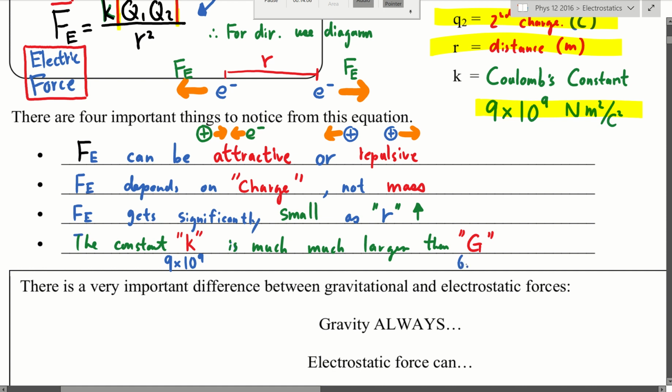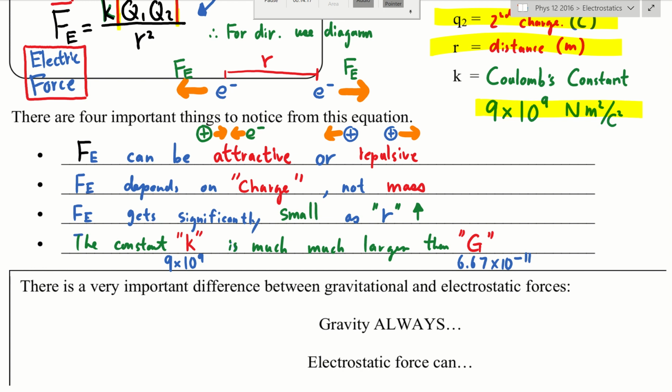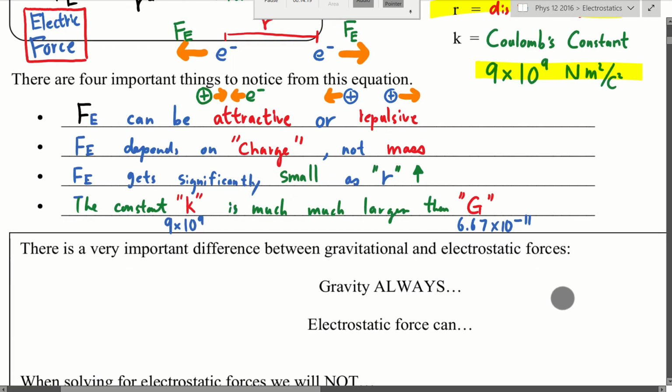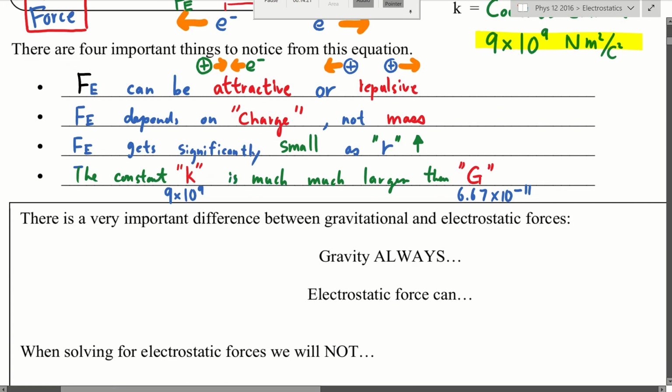G is 6.67 times 10 to the negative 11. It's not even a positive power. It's 0, then 10 zeros later, you have a 6 for the gravitational constant. Whereas for the Coulomb constant, it's 9 times 10 to the 9. Okay? It's very, very different. 9 times 10 to the 9 is actually 9 billion, yeah. So electrostatic force is usually a lot stronger than gravity.